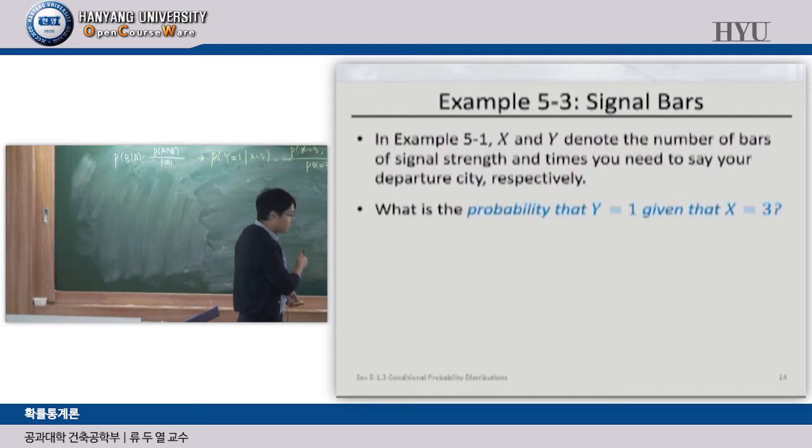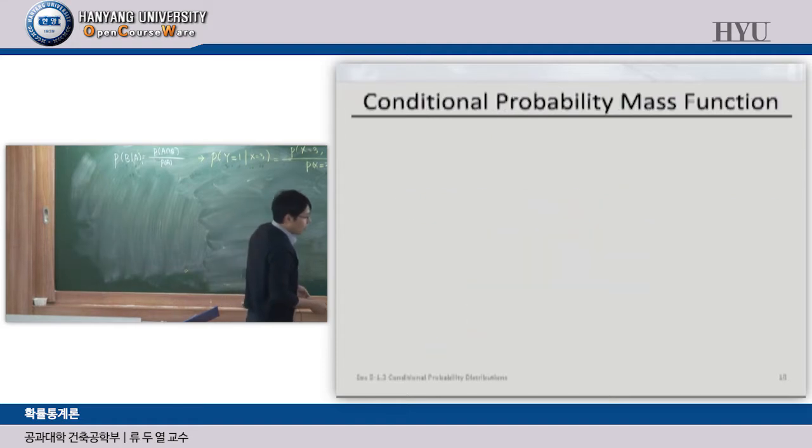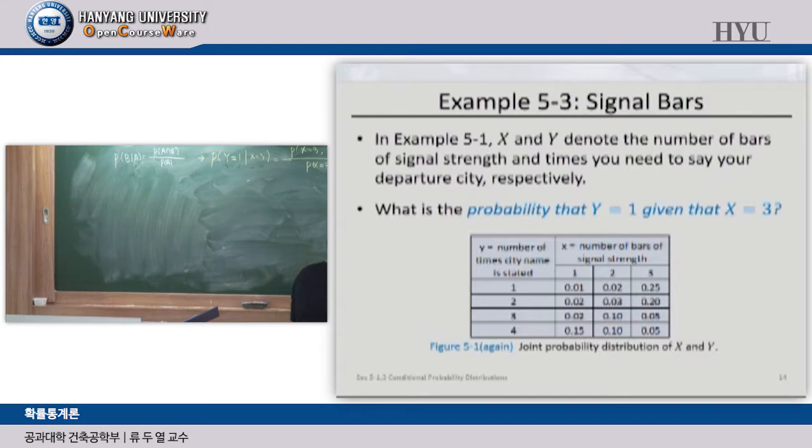And what is this? That is the marginal probability mass function, okay? So, in the previous table, what is the joint probability of x equal to 3 and y equal to 1? That is 0.25 here, right? So that is equal to 0.25.